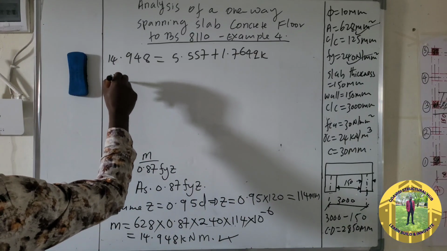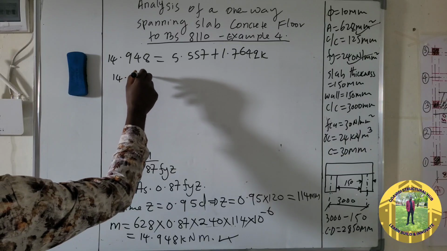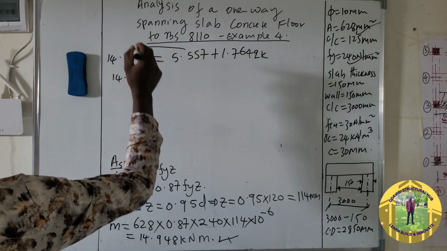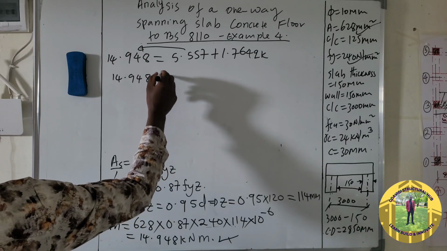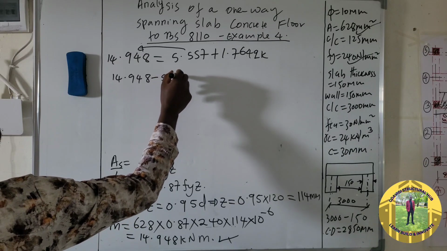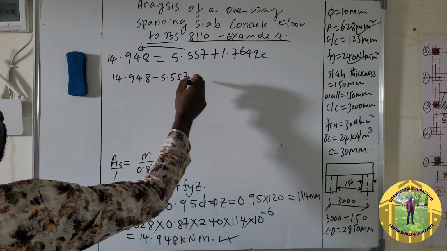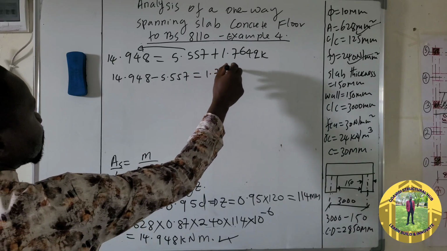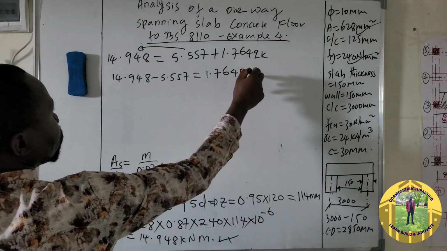So 14.948 minus 5.557, this one will cross to this side, so it will change from positive to negative, is equal to 1.764 QK.